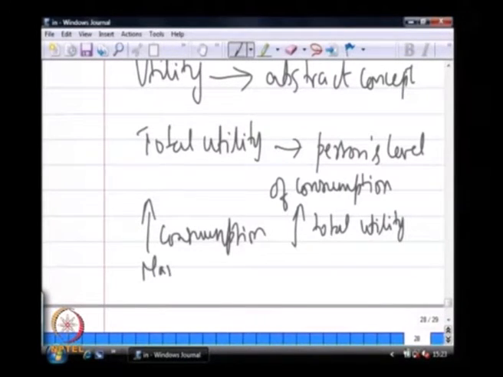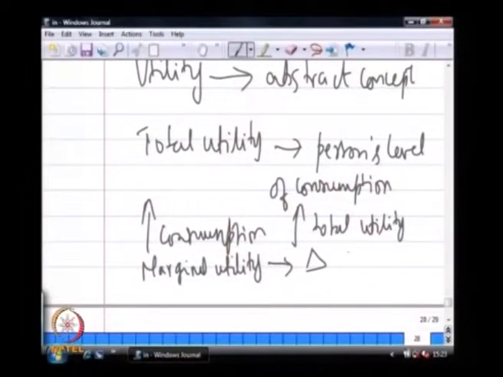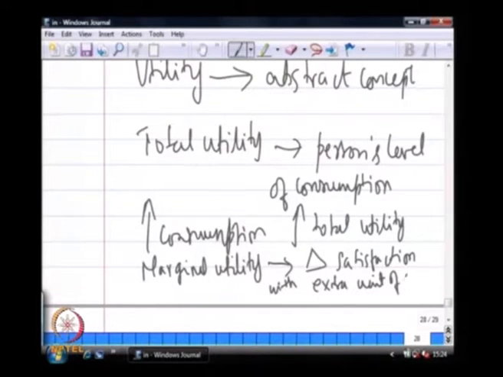While marginal utility is a little different from total utility. Marginal utility represents the additional satisfaction, or the amount of utility, that is gained from each extra unit of consumption. So, marginal utility is that delta satisfaction with an extra unit of consumption.